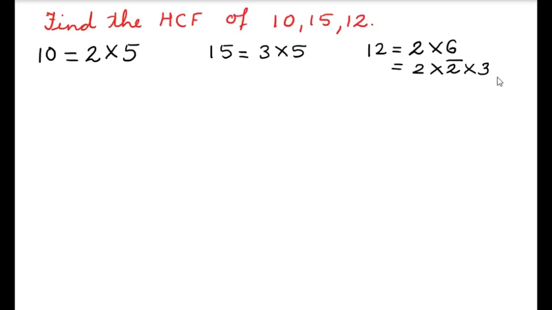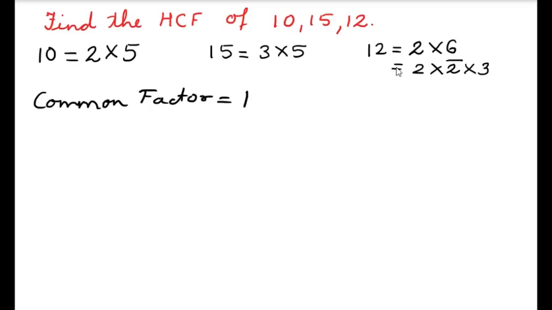Now if we look at all these factors, are we getting anything common? We will just check. 2 is not here in 15, but it is in the others. Here we have 5, here we have 5, but here we don't have 5. So we cannot see any number which is common in all 3 of them. So no number except 1 is a common divisor here. If no number is common, what is common? 1 is common. So children, we will write common factor is equal to 1.